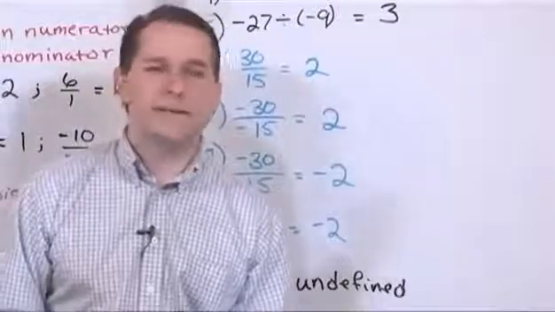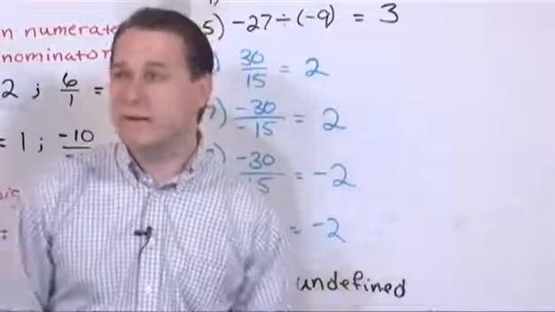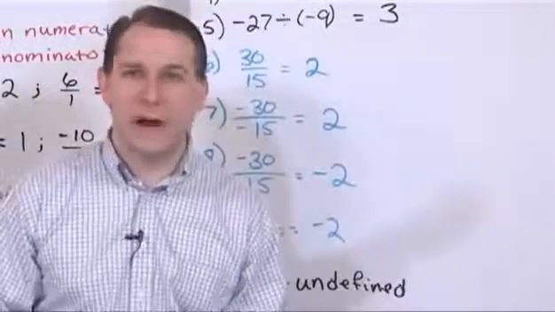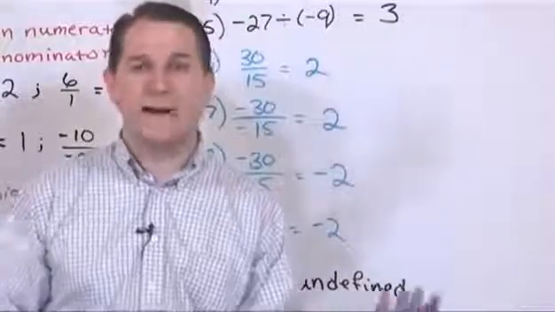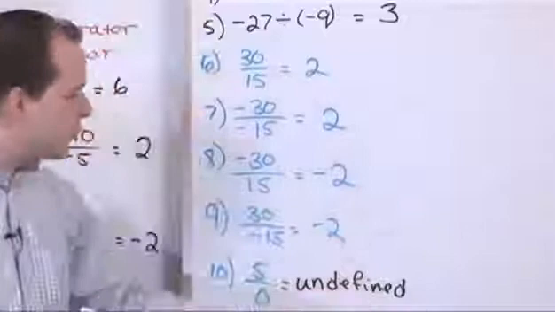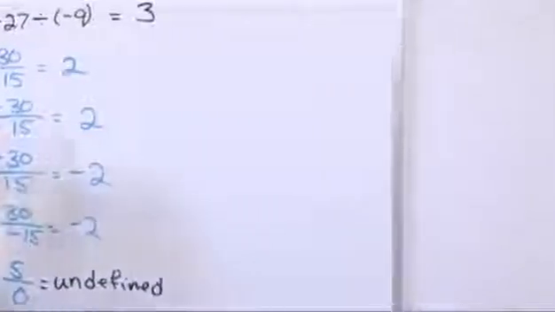But really, when you get into more advanced math, you'll find out that that's really equal to infinity, because it's an infinitely large number. You can divide nothing into something an infinite number of times because you're dividing by nothing. You can keep on dividing forever and ever because you're dividing by nothing at all. But for now, just go ahead and write undefined, because that's going to be a good answer that you can write down on a test, and everybody will agree that that's fine.